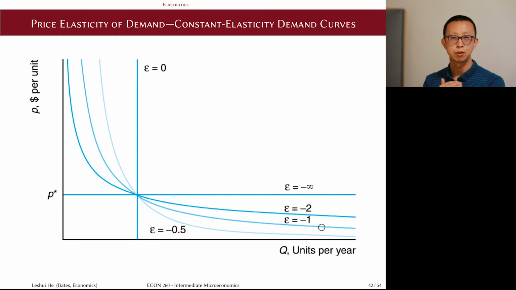When the ratio of P over Q is small, we would want the demand curve to be flat. When the ratio of P over Q is high, we would want the demand curve to be steep. And if the function is such that P over Q is changing just as the slope of the curve changes, then we're going to have constant elasticity. And that's exactly the intuition behind the constant elasticity demand curves.